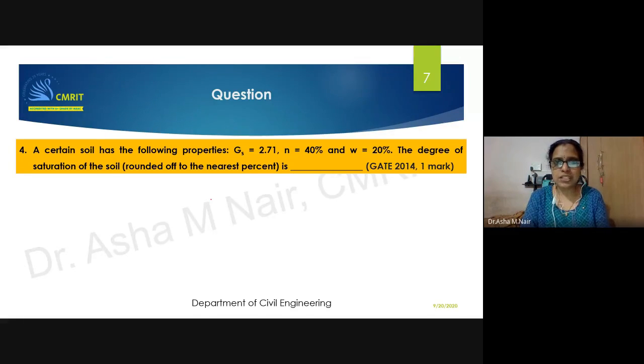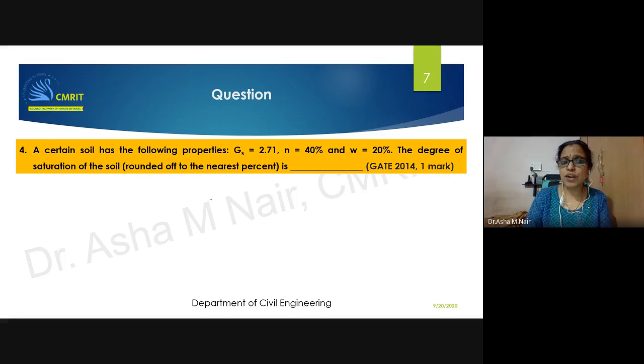Now, the next question. This is an objective question and there is no option also. A certain soil has the properties G equal to 2.71, n equal to 40%. What is n? n is nothing but the porosity, and w is equal to 20%.